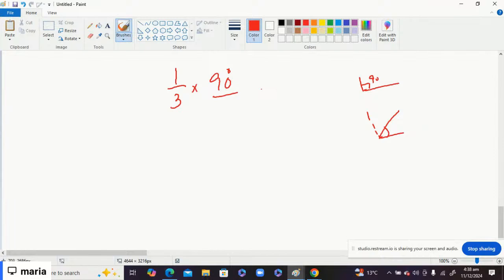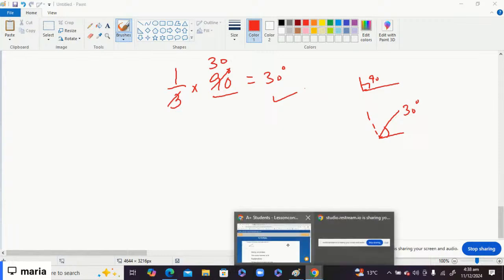Okay, that's the thing we are going to involve. Let me just check. So 3 times 1 is 3, 3 times 3 is 9, and this is the 30 degree angle. So we can say that this angle is 30 degrees.